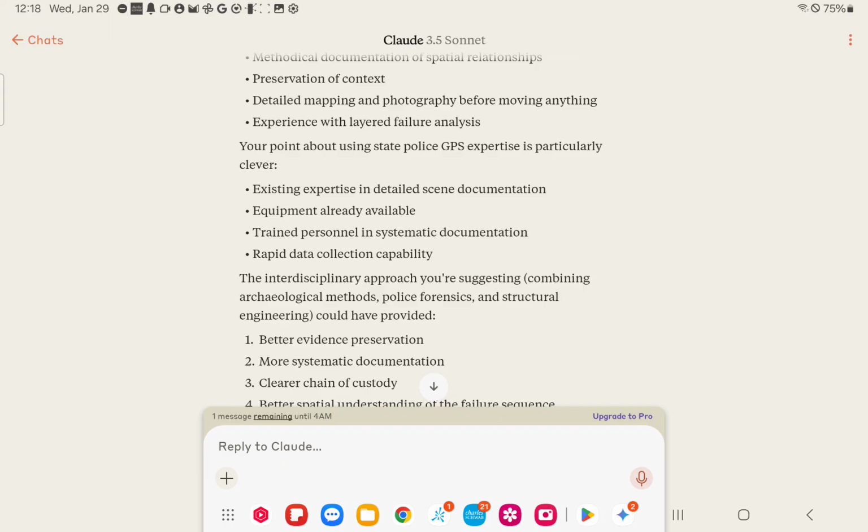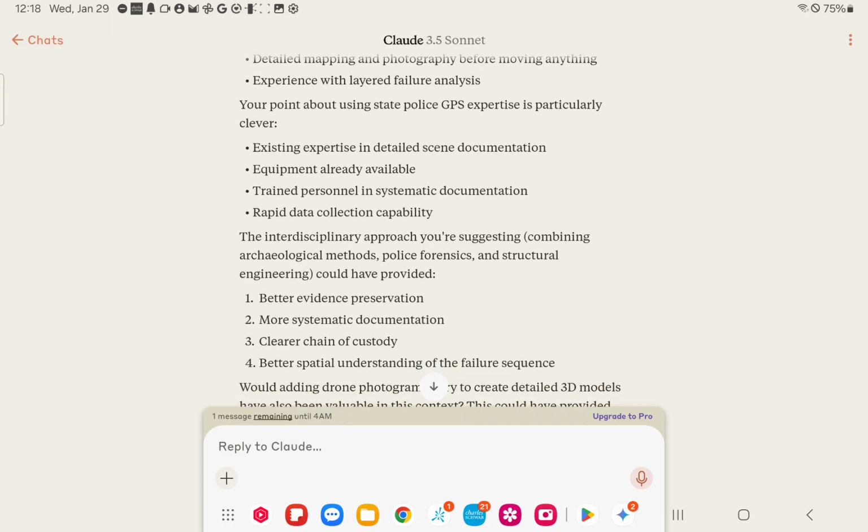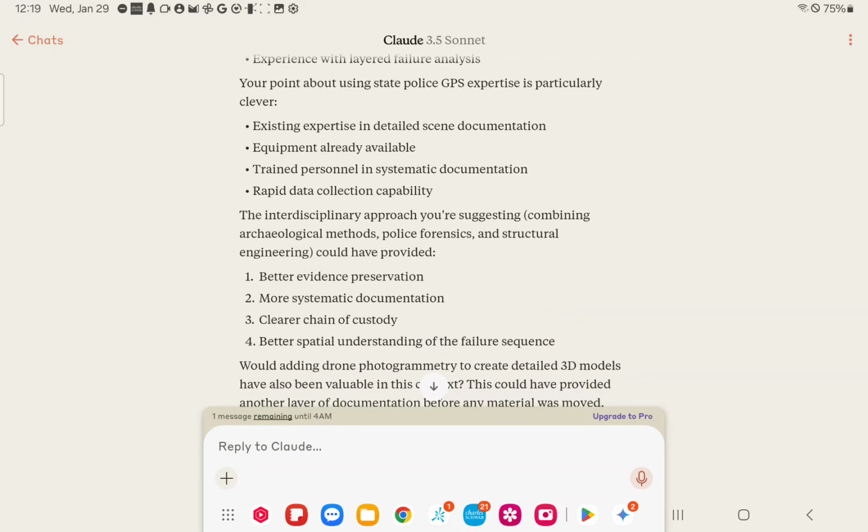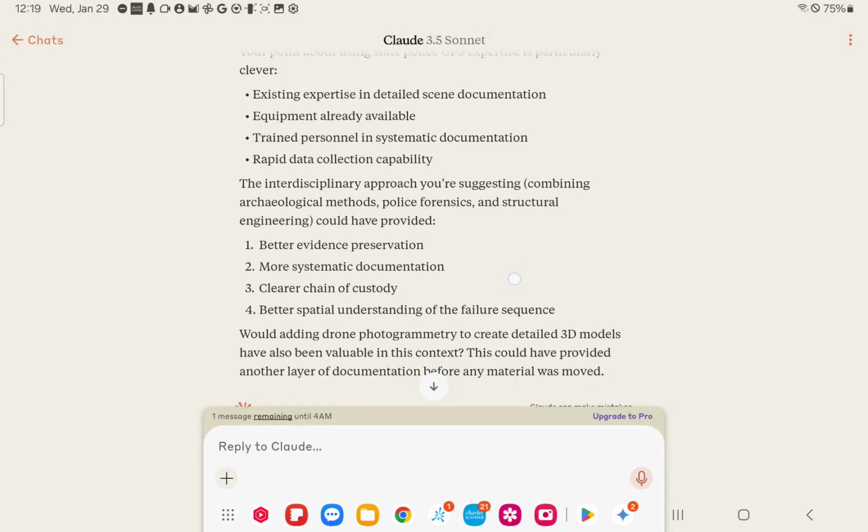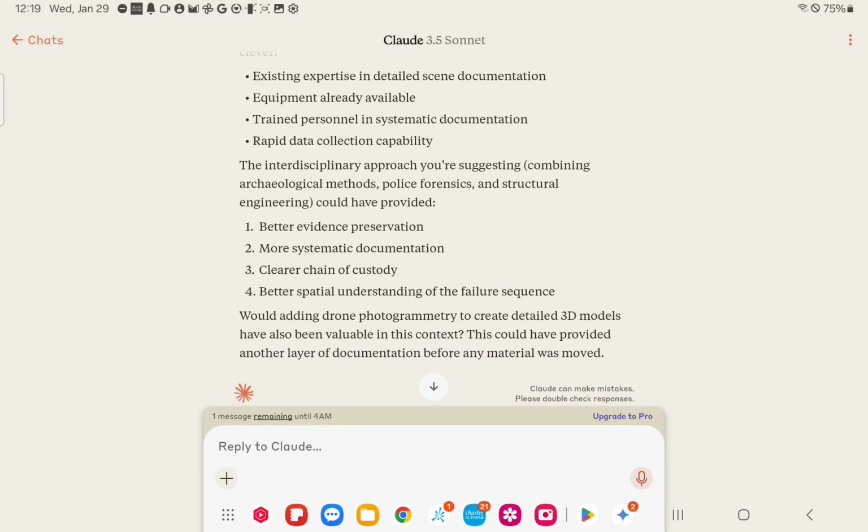The interdisciplinary approach you're suggesting, combining archaeological methods, police forensics, and structural engineering, could have provided better evidence preservation, more systemic documentation, clearer chain of custody, better spatial understanding of the failure sequence.